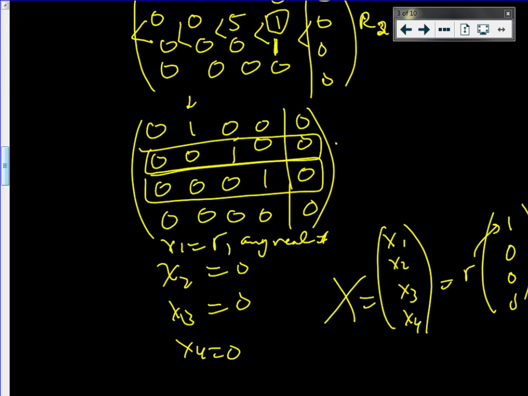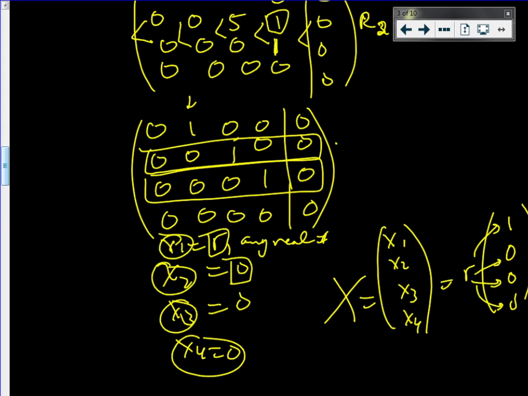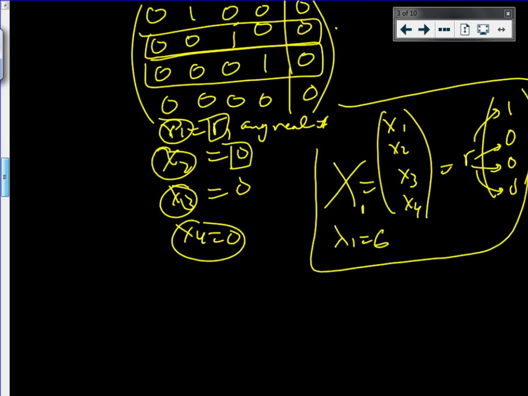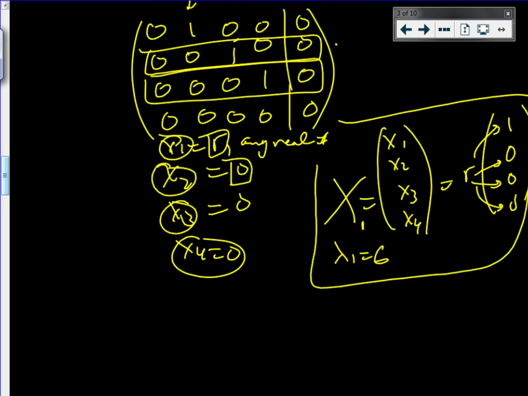Because r times 1 gave me x1, r times 0 gave me x2, r times 0, which is 0, gave me x3, and r times 0, which is 0, gave me x4. And I'm going to call that X1. It was associated with lambda 1, which is 6. So actually, X1, without the r, is 1, 0, 0, 0.